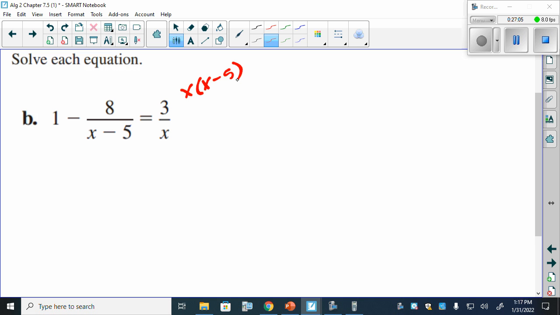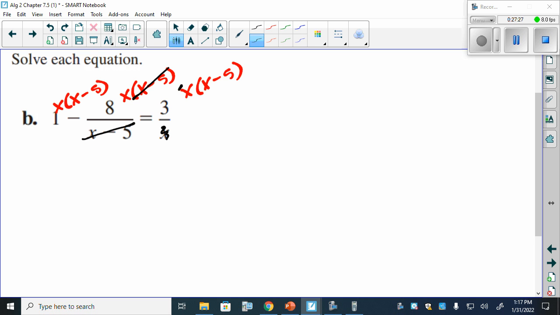We need to multiply each of these terms by x and x minus 5. And the reason we're doing that is because in the middle expression, well, the x minus 5 and x minus 5 would cancel out. So we don't have a denominator for the middle rational expression.